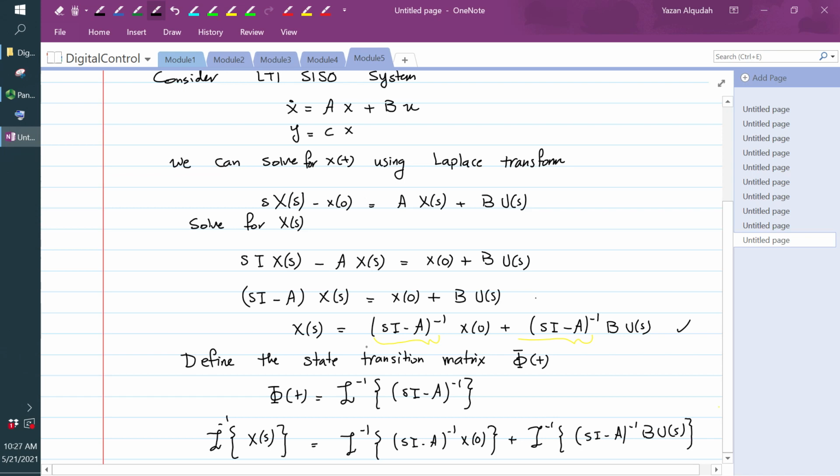I've just taken this equation, X of s, and I've taken the inverse Laplace transform of it. Okay.